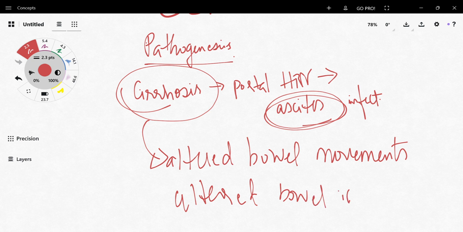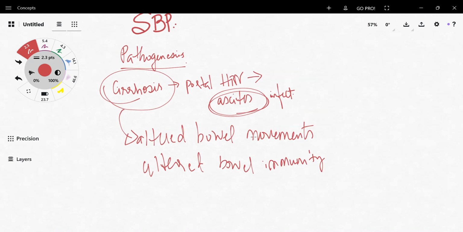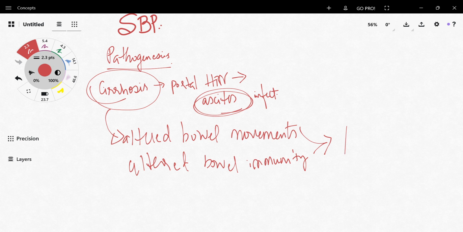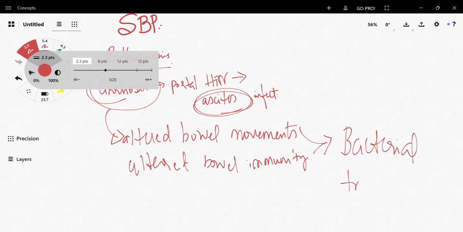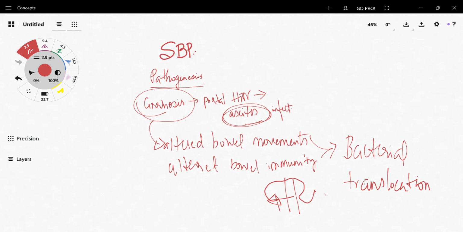And these two together result in bacterial translocation from the gut into the lymphatics and then into the ascitic fluid. There's going to be a translocation of the bacteria. Now that will present as SBP, right?